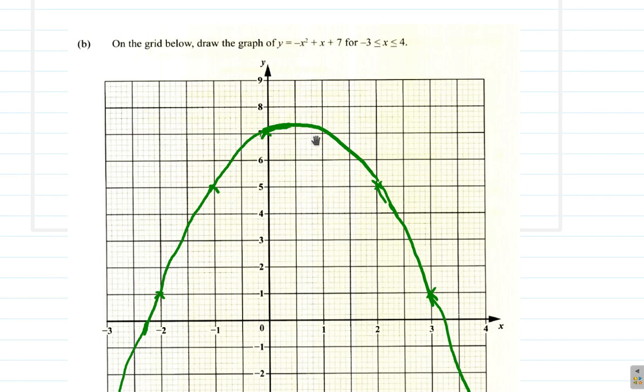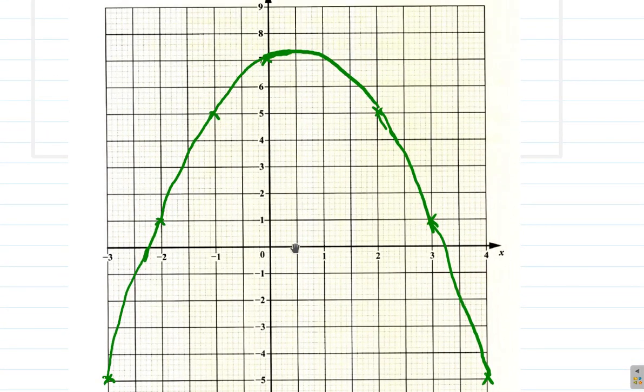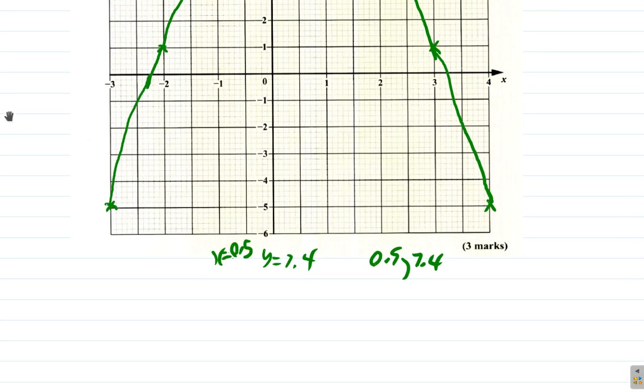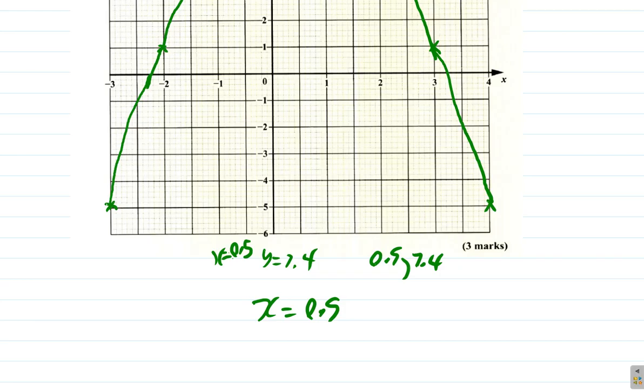Let's use both ways. From looking at the graph, we say that this line right here is the axis of symmetry, and it passes through x equals 0.5. So the equation of the axis of symmetry would be x is equal to 0.5, or x equals half. That is what you would write here. Alright?